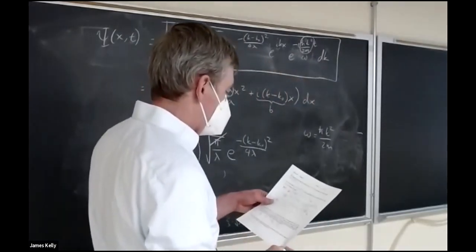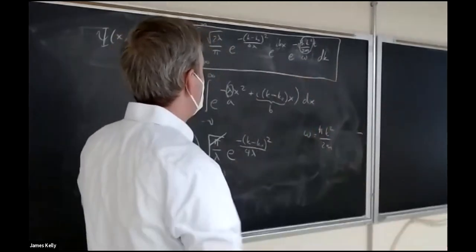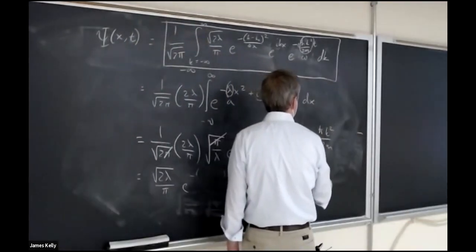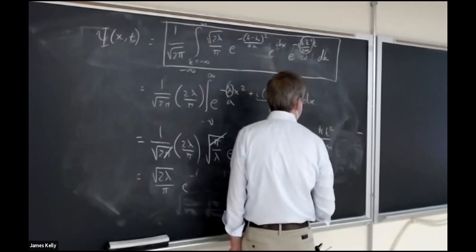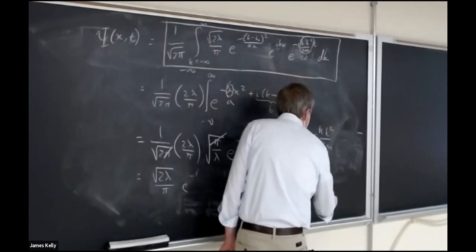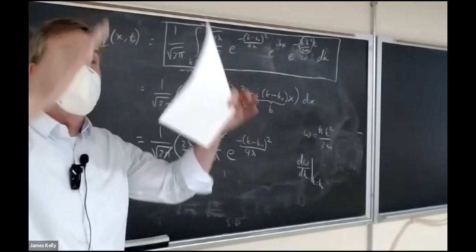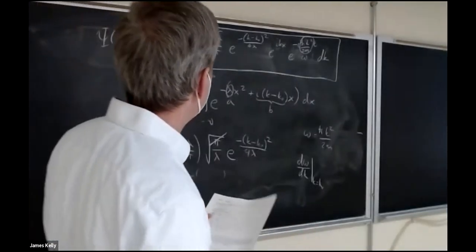How fast do we expect the peak of the Gaussian envelope to move? We expect it to move with the group velocity, and that is d omega dk evaluated at the value of k that the group of wavelengths is centered upon, and we're calling that k0 here, right?